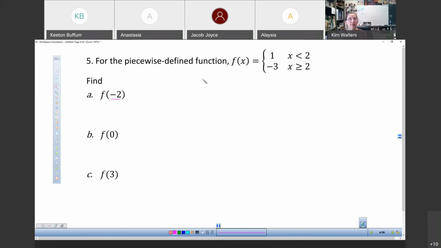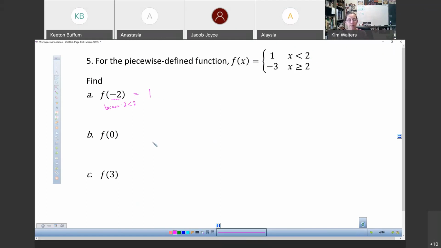You're going to tell me that this x value is less. So -2, I'm going to write this down, because -2 is less than +2, getting that from right here. I'm going to use the first definition. And so f of -2 for this function simply has a value of 1. That's all I have to do.